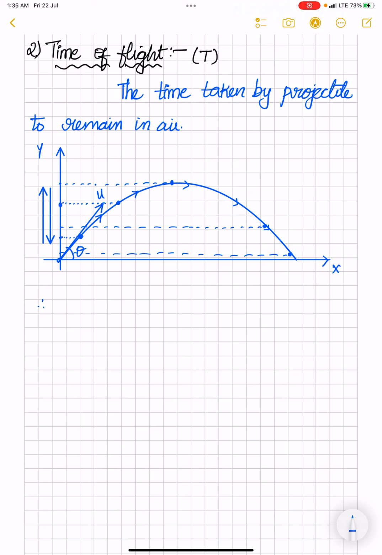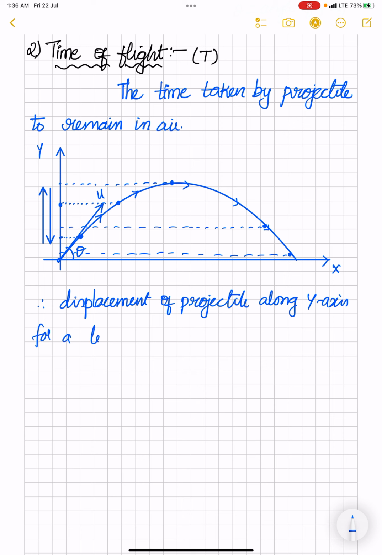Therefore we can confirm that the displacement of the projectile along the y-axis for a time t equal to the time of flight is 0. We consider that displacement as y, which is nothing but 0.